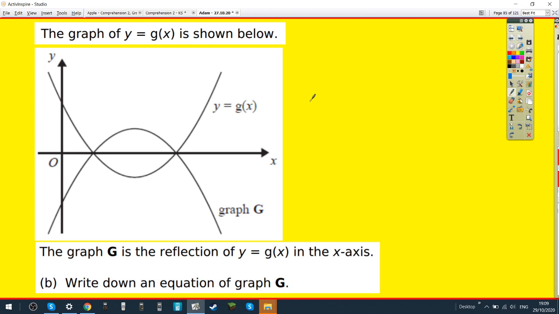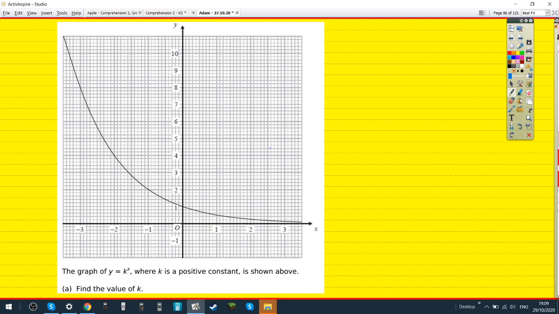So it'd be -f of x. Yes, y equals minus the f of x. So basically, it originally had a maximum up here, and now it has a maximum down there. So the positive y became a negative y, and the x coordinate stayed the same. Yeah. So that works.